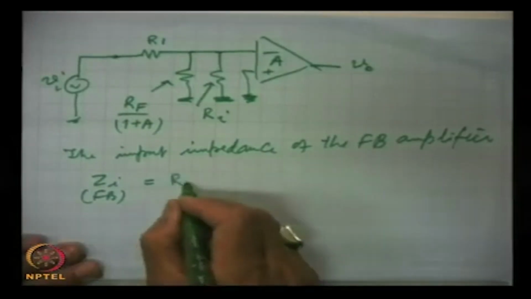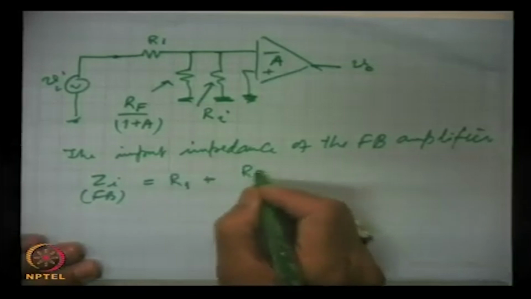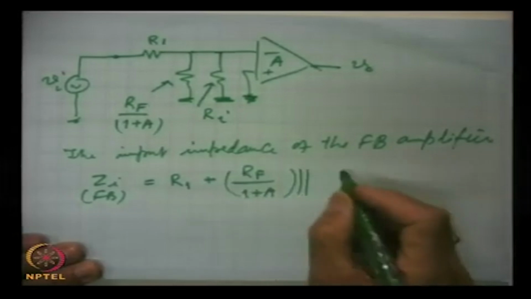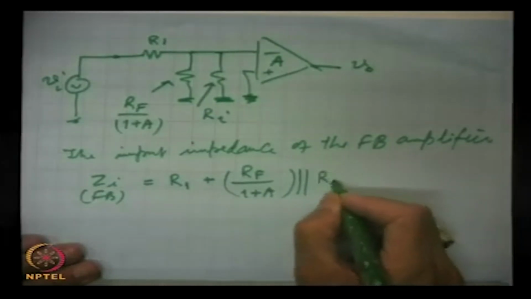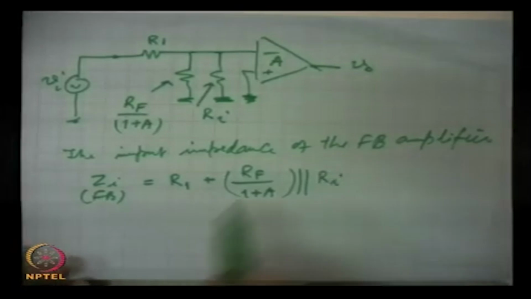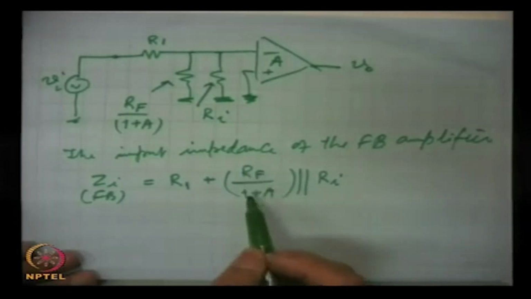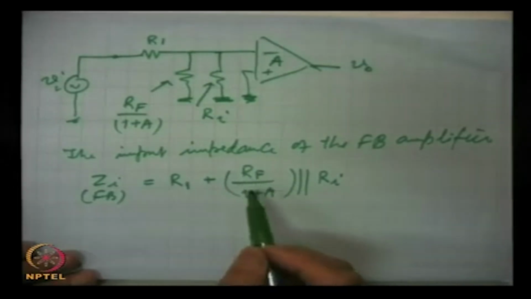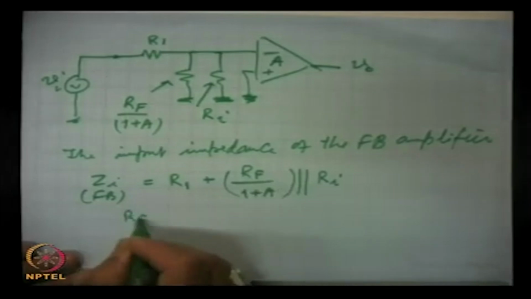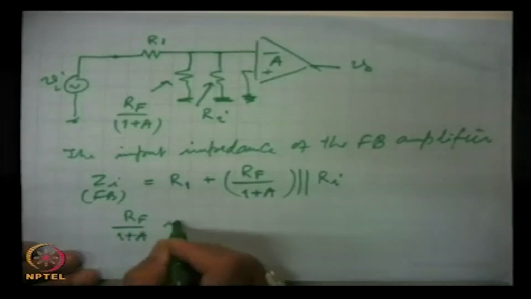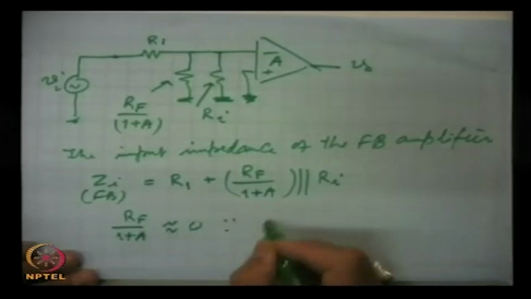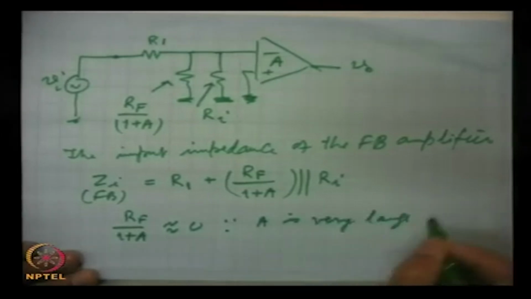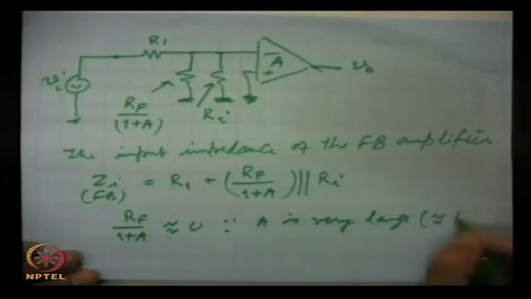So, R1 plus RF by 1 plus A in parallel with Ri. Now, here A is very large. So, this RF by 1 plus A will be very close to 0, because A is very large, of the order of 10 to power 5.